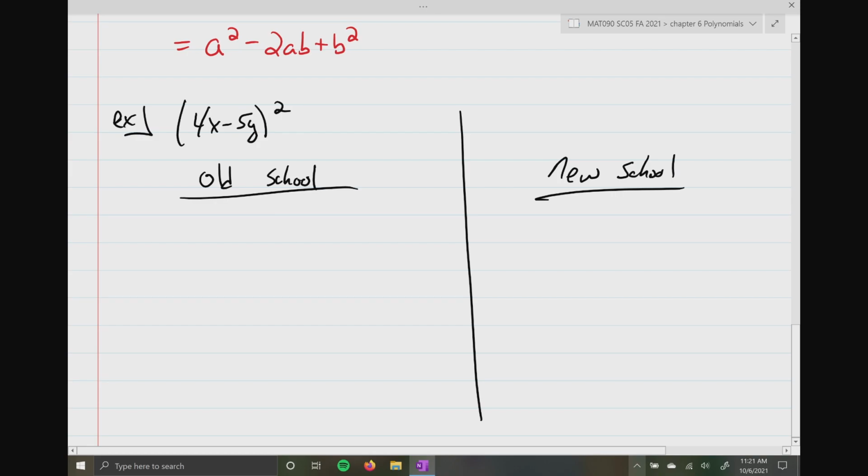So old school way first. The quantity 4x minus 5y squared means the quantity of 4x minus 5y times the quantity of 4x minus 5y.